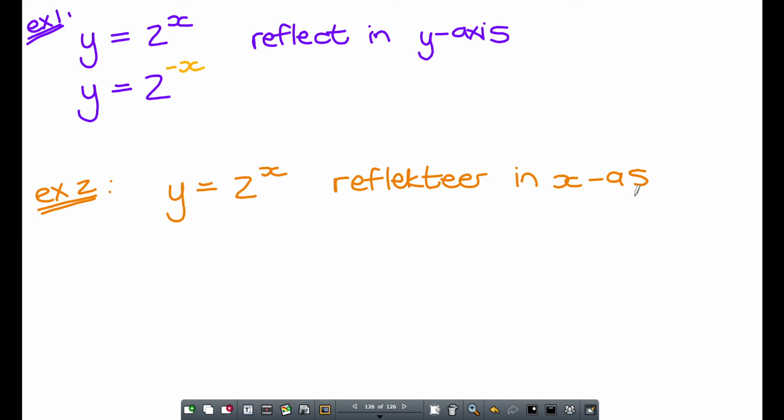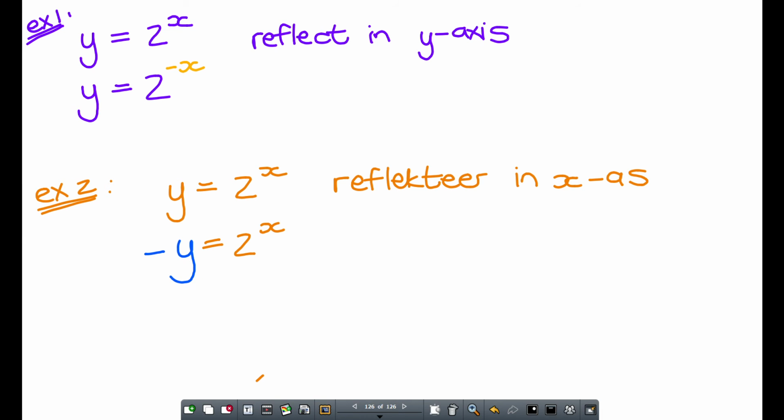Now we're reflecting that same graph in the x-axis. So because we're reflecting in the x-axis, the x value is going to stay the same, right? But what's going to change? The y value. So it must be minus y.